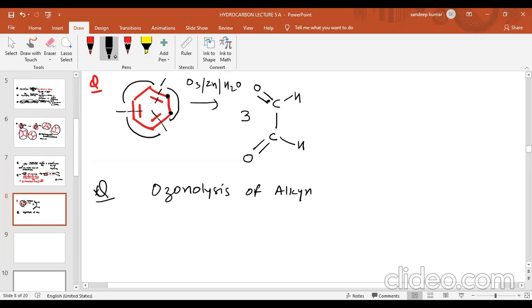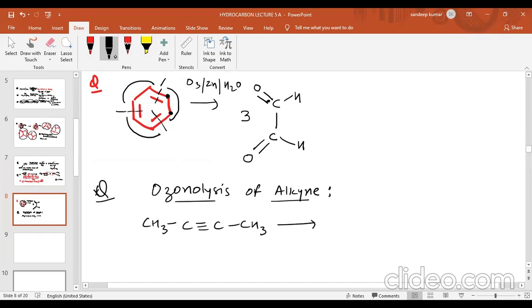Like, if the compound is given in this way, CH3, C triple bond C and CH3, and we are going to do ozonolysis of this compound, what product will be formed?